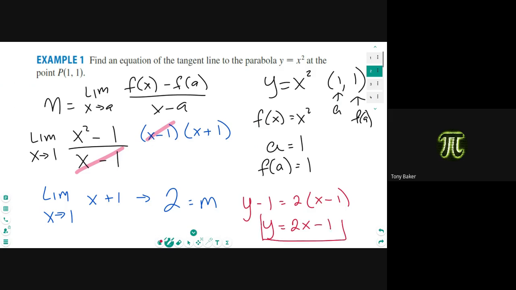And then that would be my equation of y. So we can start to see how using the slope equation saves me a lot of time and effort of going through and using the points and stuff that we did at the very beginning.